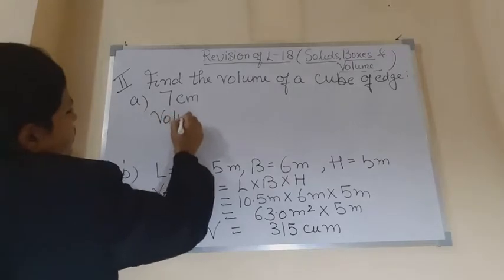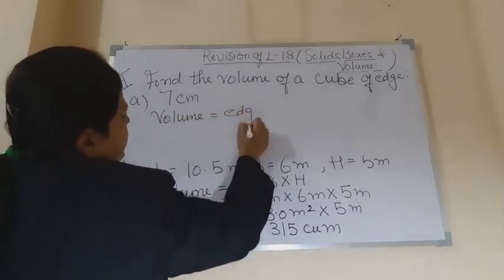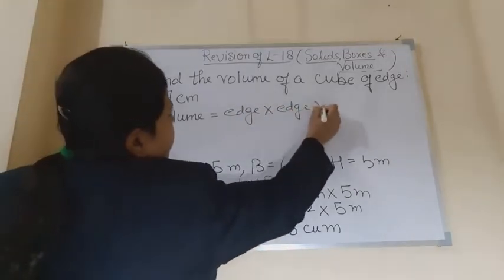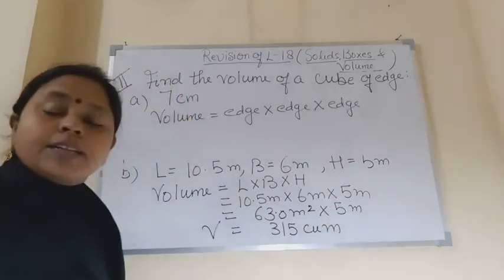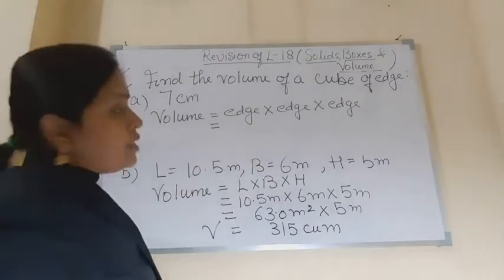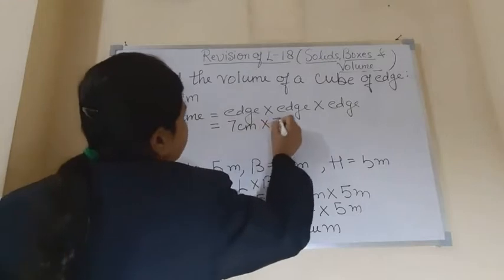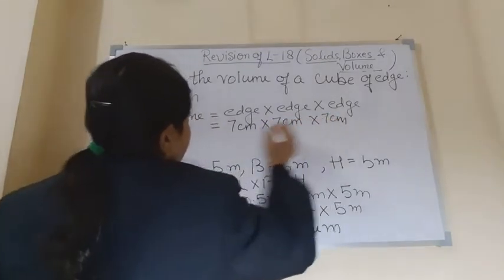So the volume of a cube is equal to H multiplied by H multiplied by H. Right. So now what we will do? Let's put the value of the H, which is 7 centimeter. So 7 centimeter multiplied by 7 centimeter multiplied by 7 centimeter.